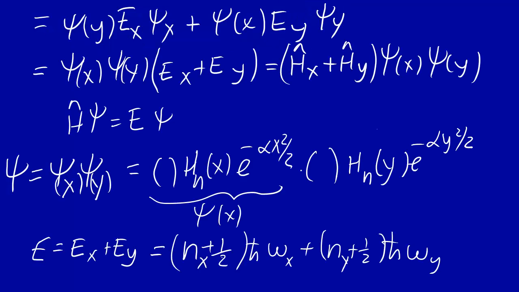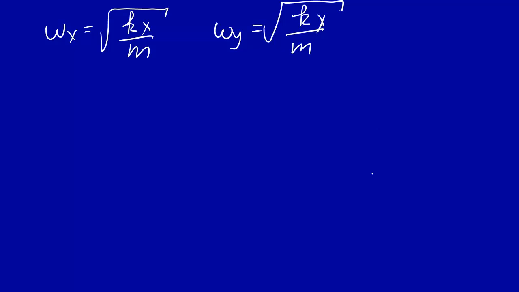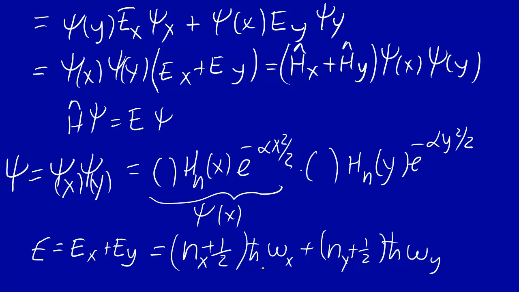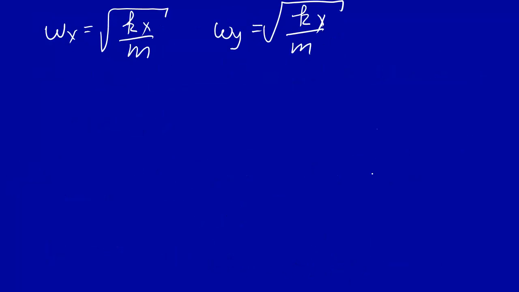Well, let's just see. So if the spring constants are the same in each direction, well, let's go here, that means that kx and ky are the same, which means that omega x and omega y are the same, which means these terms here are the same. So really, we now have nx plus 1/2 plus ny plus 1/2 times h bar omega.